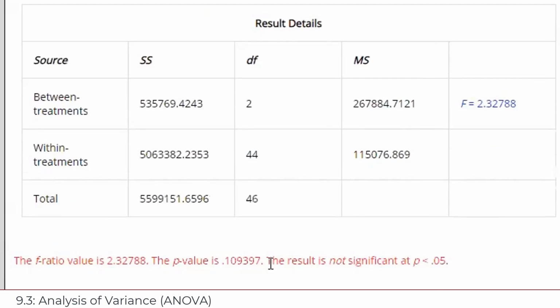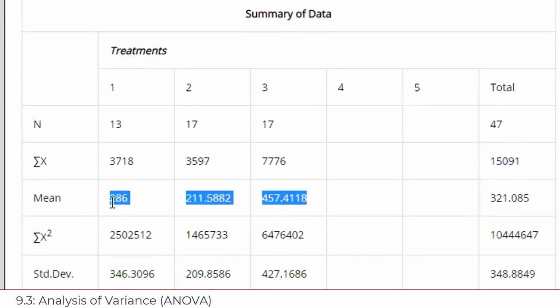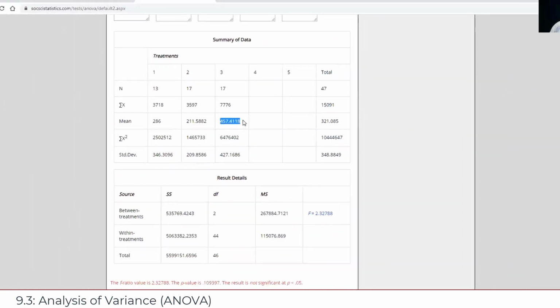And here you can see that the results are not significant at the 5% threshold. So that means we don't get to reject the null hypothesis, which means the mean of these treatments at the 5% threshold, they are the same. They're close enough. And you're like, well, how could that be? Look at that 400. Yeah, but remember the threshold that you're checking. You're checking at the 5%.